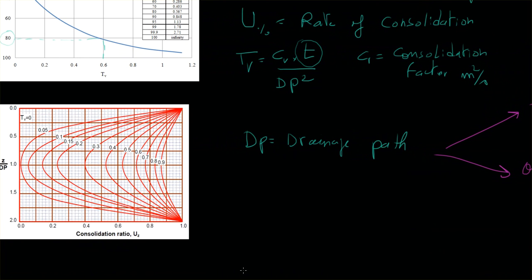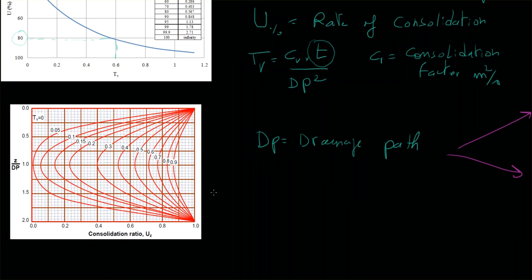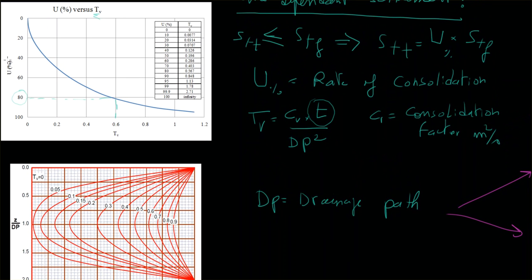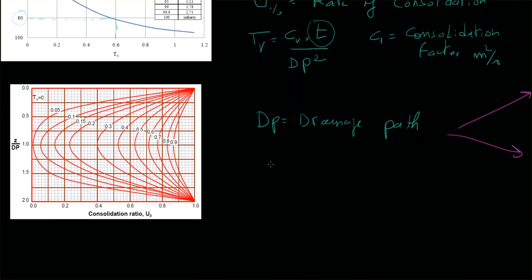Okay, so that's TV. So what about this second chart? The first chart is the average, because U is variable. If I have a clay layer, the part of the clay layer that is very close to the boundary where it's dissipating water will drain very fast.